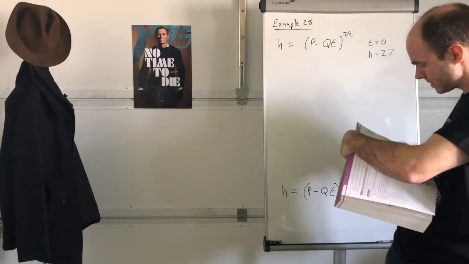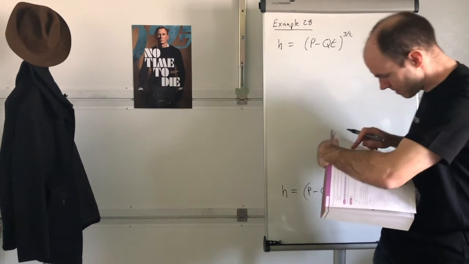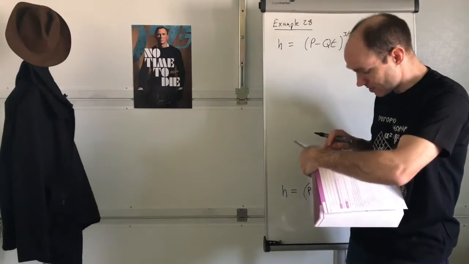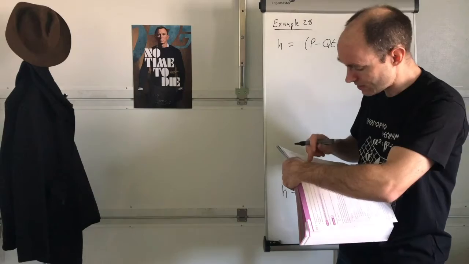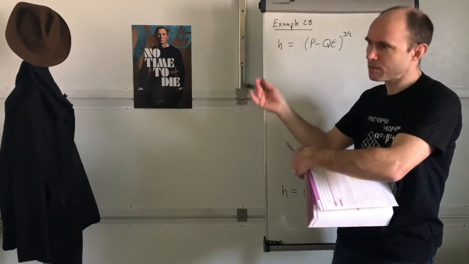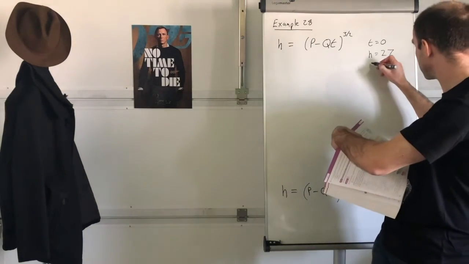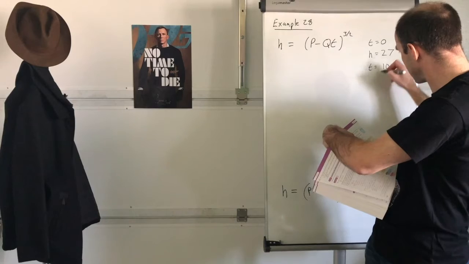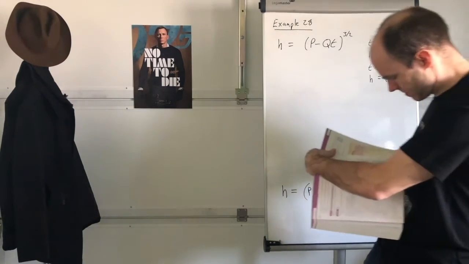And 10 minutes later the height is 8 metres. And what's the time measured in? T minutes. Be careful with that, because if it says the time is T hours, then it says 10 minutes later, they catch you out. So when T equals 10, the height is 8 metres.